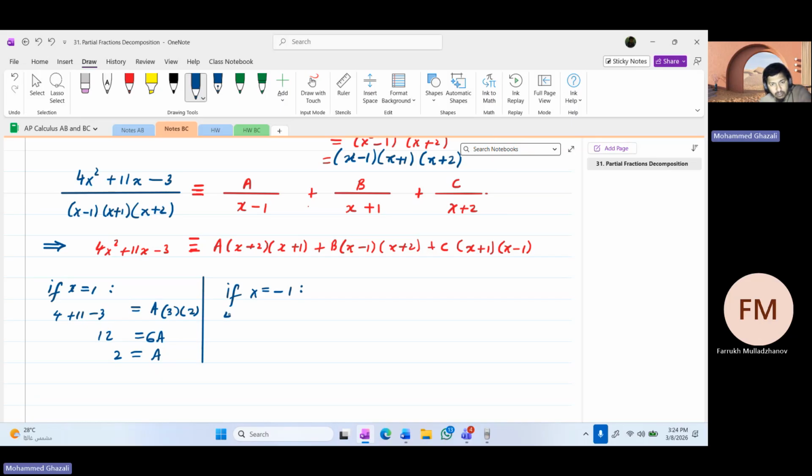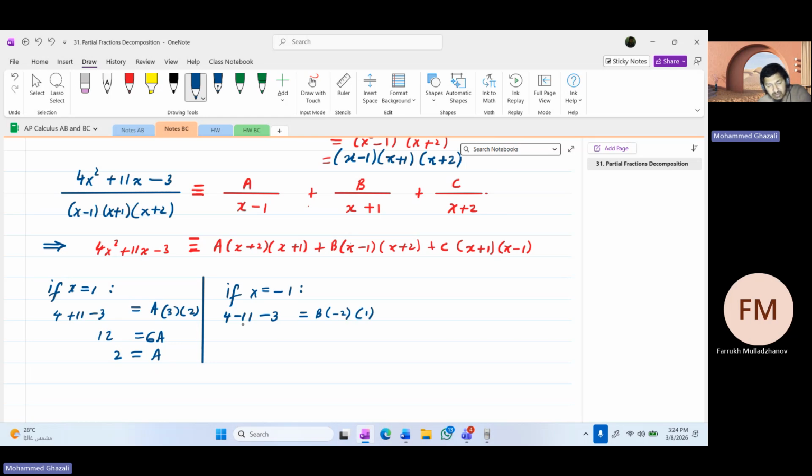So substituting negative 1 on the left-hand side, 4, minus 11, minus 3. We're substituting negative 1, so 11 times negative 1 is negative 11, which is equal to B into negative 2, because negative 1 minus 1, and then negative 1 plus 2 is 1.